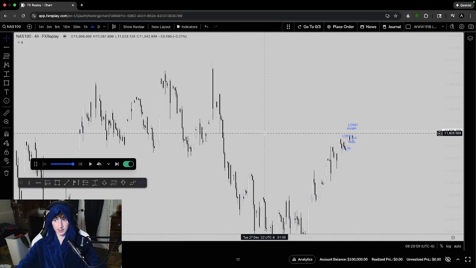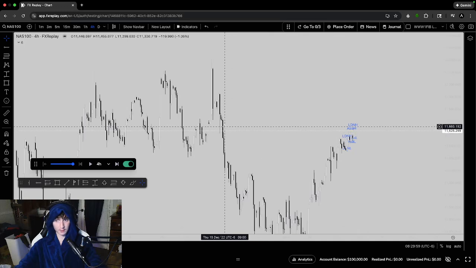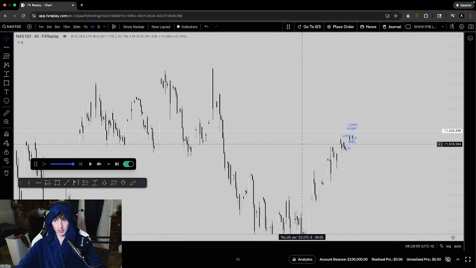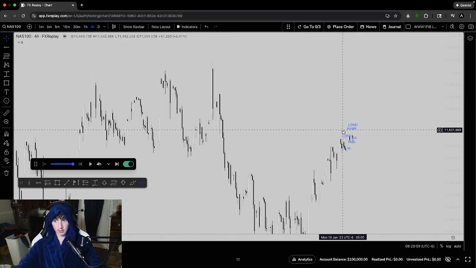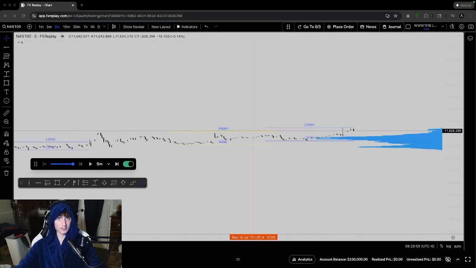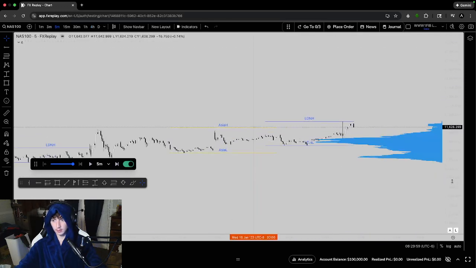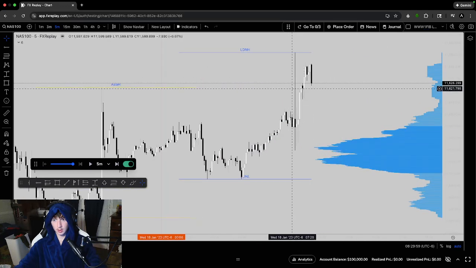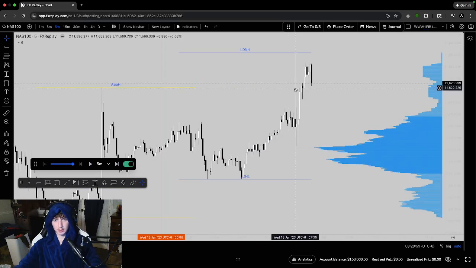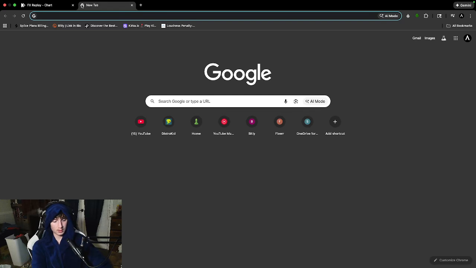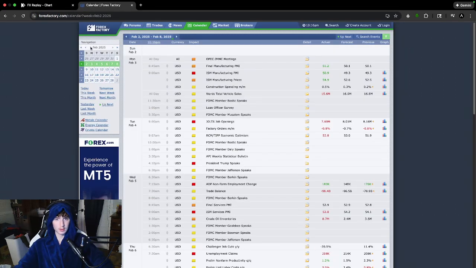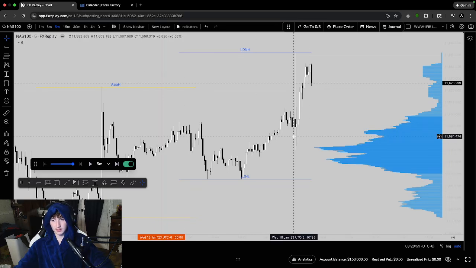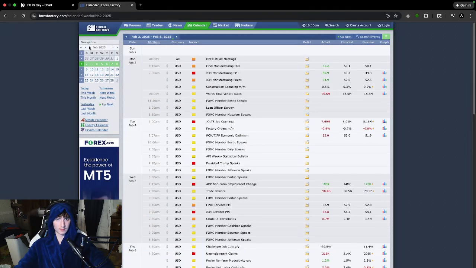Alright, we're coming in contact with this top 4 hour gap. We already tapped it though a couple times. Big CPI wick. I think this is Wednesday the 18th, January 2023.